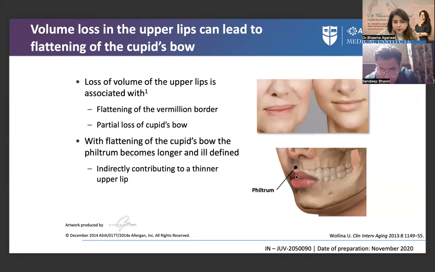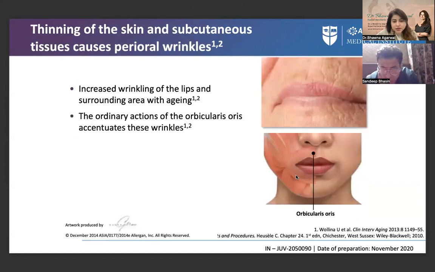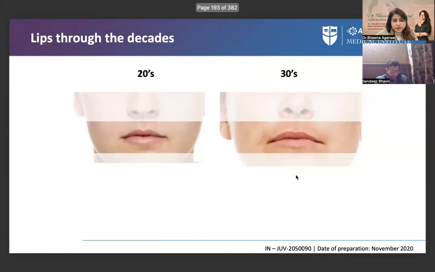There is increased wrinkling of the lips and surrounding area, as the ordinary actions of the orbicularis oris accentuate these. Since this muscle is very active in talking, speaking, and eating, everywhere we are using orbicularis oris. Because the muscle is very active, the wrinkling is even more. It adds to the wrinkling of this area.